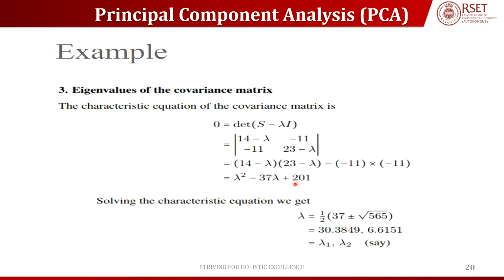This is a quadratic equation, so you can solve it and get the values of lambda. So lambda 1 is 30.38 and lambda 2 is 6.61. Since lambda 1 is larger, the eigenvector corresponding to lambda 1 will be our first principal component, and that will capture the most variance, which is what we need to reduce the dimension to 1.